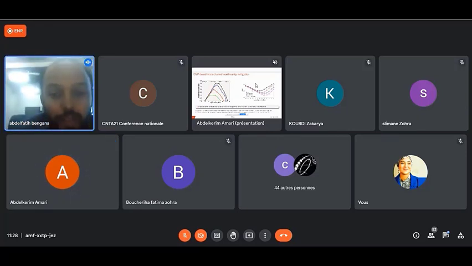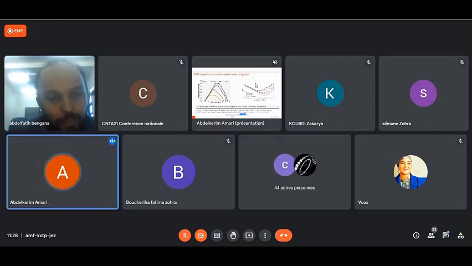My question is, can you use your technique or your method for two typical fibers, plastic and cotton? Is this a type of fiber? Yes, the two types of fiber.